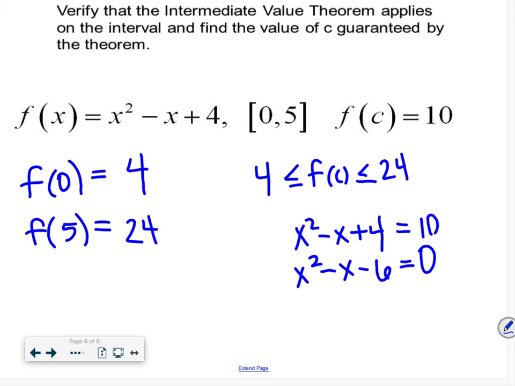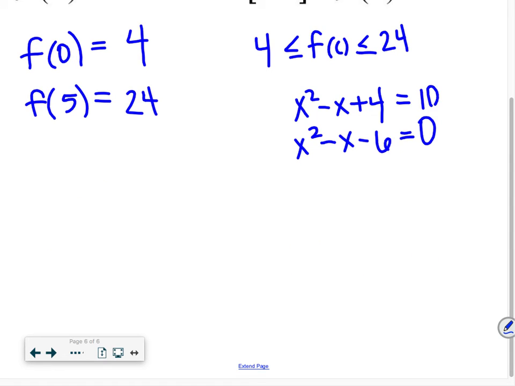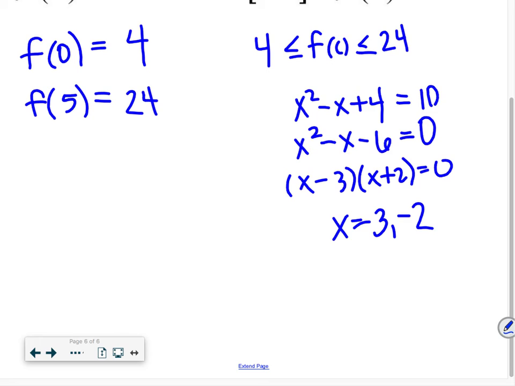Eli, what does this factor to? x minus 3, x plus 2. So this happens at 3 and negative 2. So both of them are my answers?